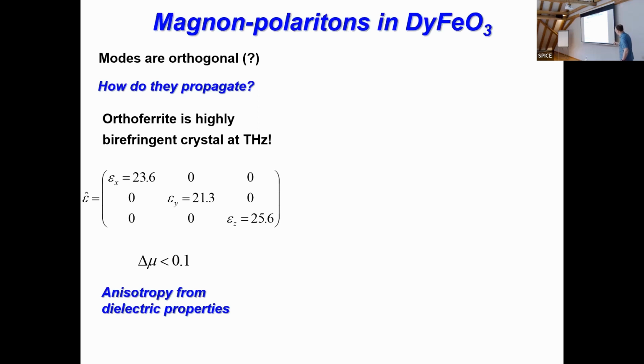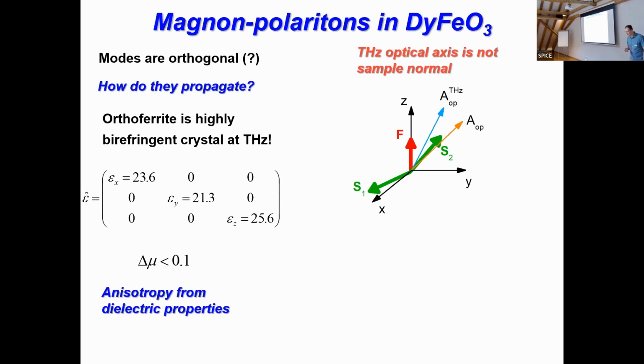That means that the anisotropy is mainly coming from the dielectric properties. Based on this dielectric tensor at terahertz frequencies, we can calculate the direction of the optical axis. And we note that the optical axis at terahertz frequencies deviates from the direction of the optical axis for our 800 nanometer pulse by about 15 degrees.